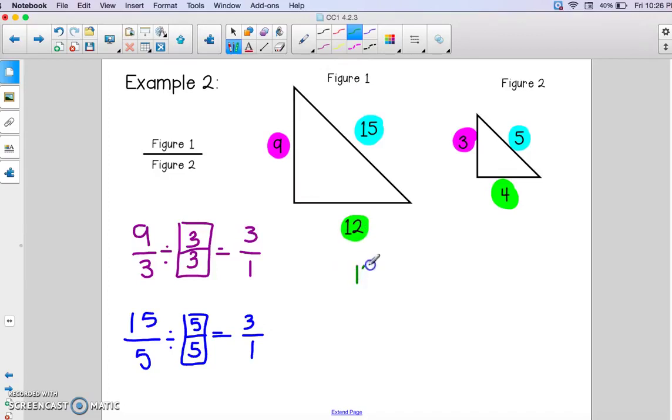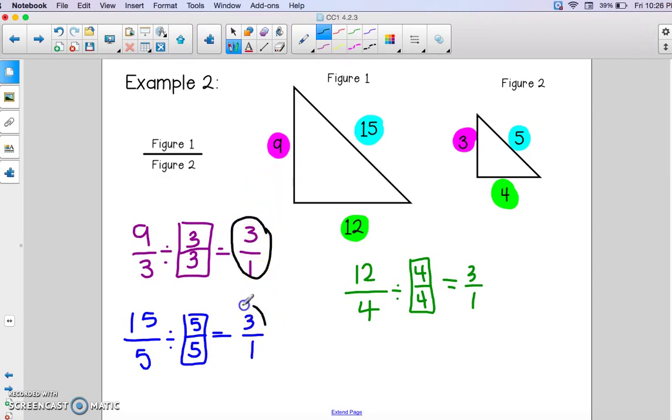And then let's do our last side length, 12, and the corresponding side, 4. Dividing again, which number goes into both 12 and 4 evenly? That's going to be 4. 12 divided by 4 is 3. And 1. So then looking again, we have 3 to 1 for all 3 corresponding sides. So this is a similar figure.